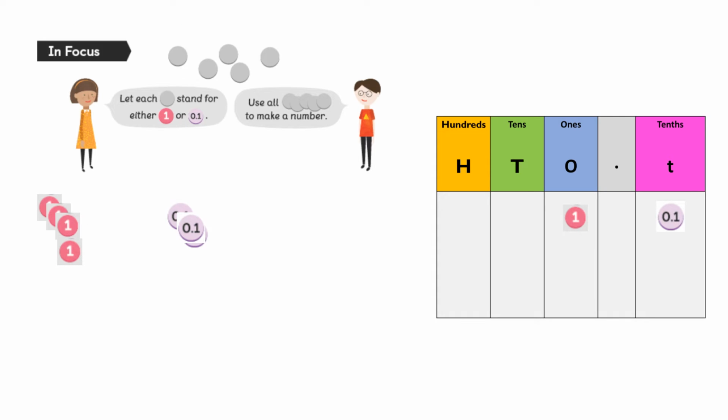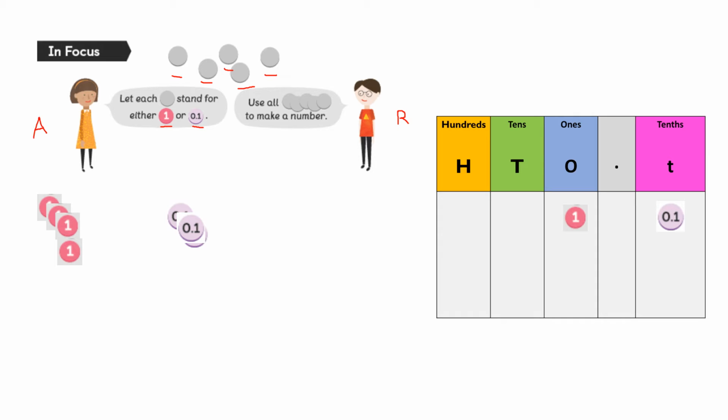Okay guys, let's have a look at our in focus task to begin. Now you can see up here that we've got 5 counters. They are grey at the moment, and I will explain in a little bit what that means. So over here we have Angelina, and Angelina says, let each counter stand for either 1 whole or 0.1. We know that 0.1 is also the same as saying 1/10.